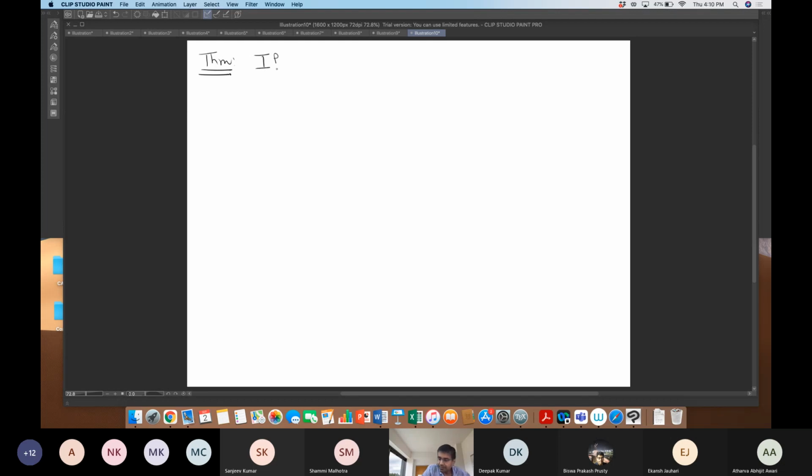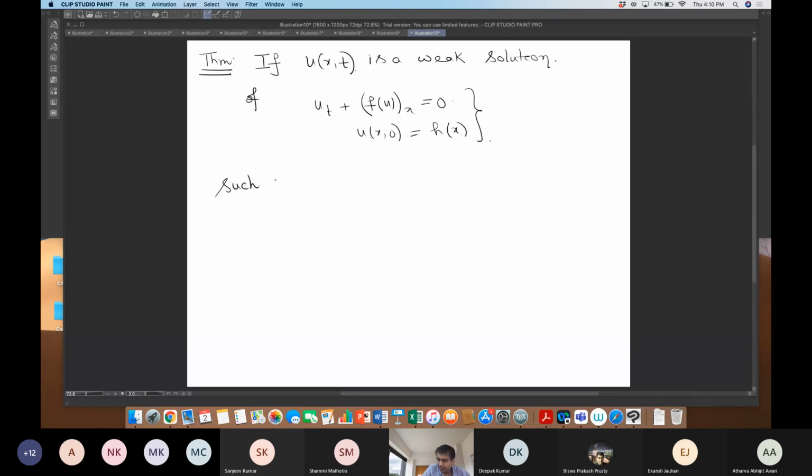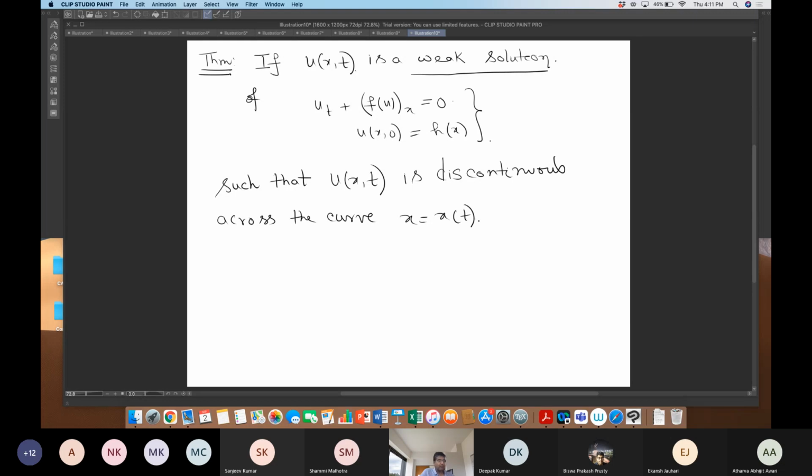If u(x,t) is a weak solution of this equation, u_t plus f(u)_x equals 0, where f is any continuous function, such that u(x,t) is discontinuous across a curve, I will draw the picture and tell you what that curve is.